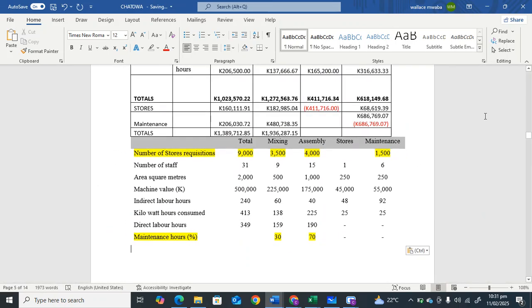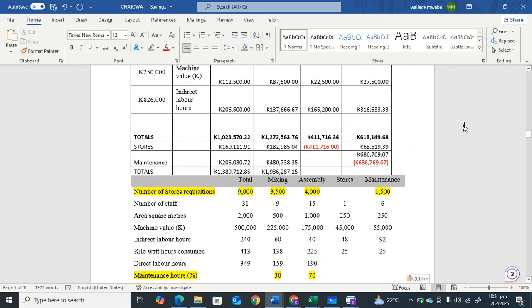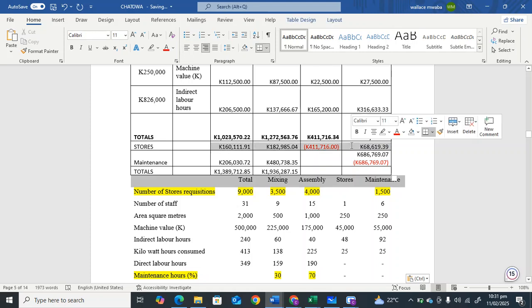So for mixing department, you're going to say, let me remove these values here so that I put the workings.